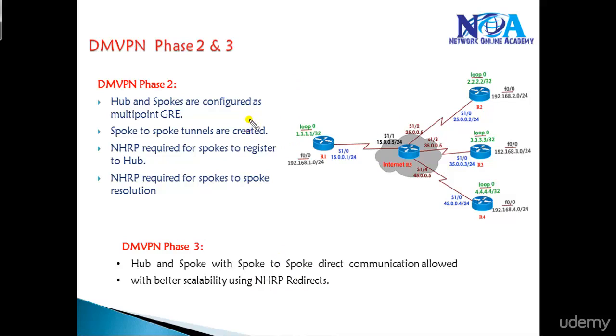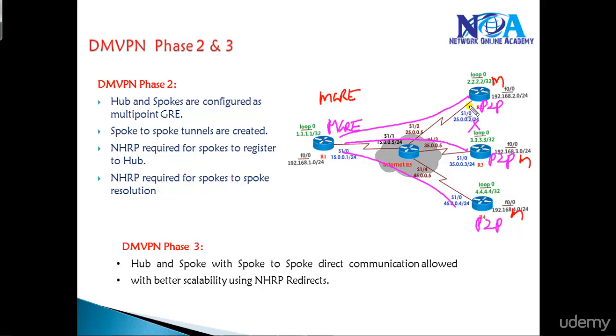Let me quickly revise the phases. In case of phase 1, we use multi-point GRE on the hub, whereas we use point-to-point GRE implementations on the spokes. In case of phase 2, we have multi-point GRE everywhere, on all the spokes as well as on the hub. In phase 1, tunnels are established only from spoke to hub, and there is no tunnel establishment between spokes.